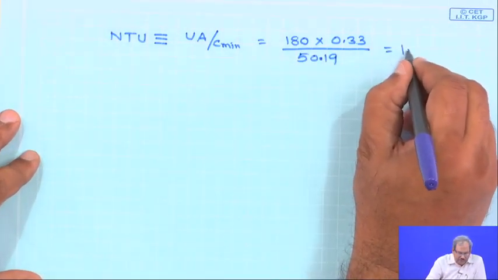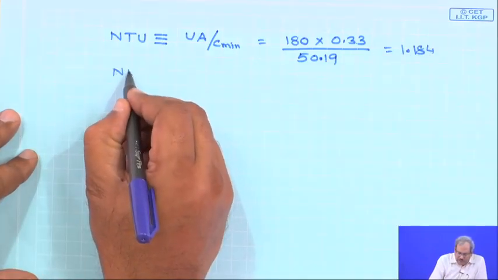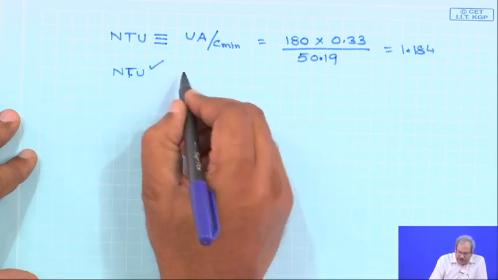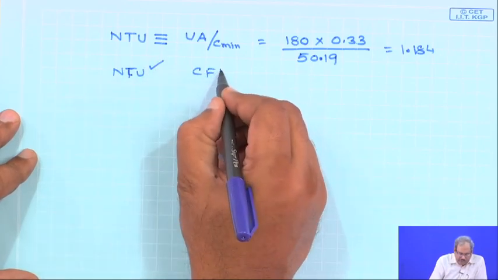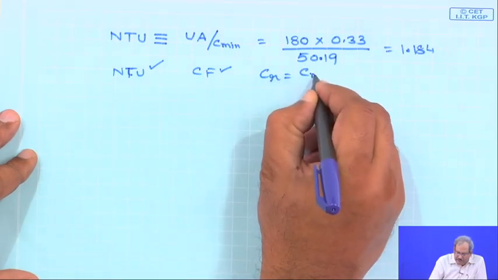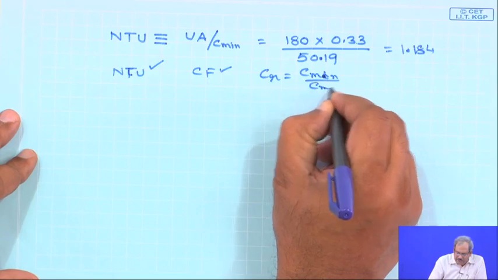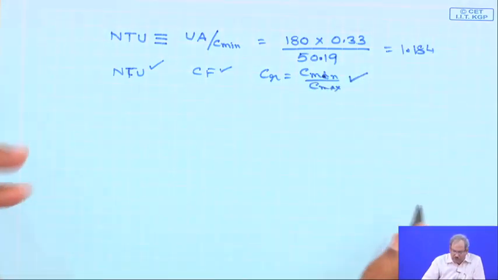So, this is equal to 1.184. Therefore, I know my value of NTU, I know that this is being operated in counter flow, and my CR, which is C minimum by C max, is also known to me.